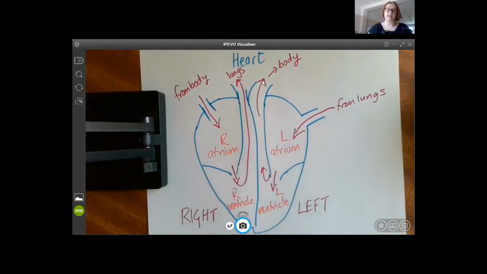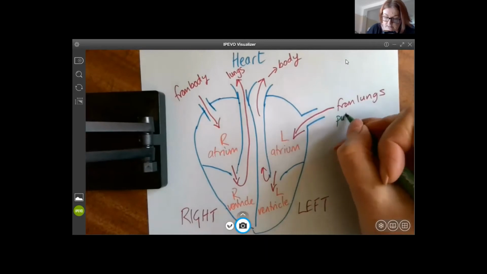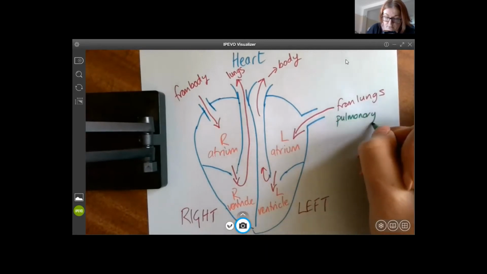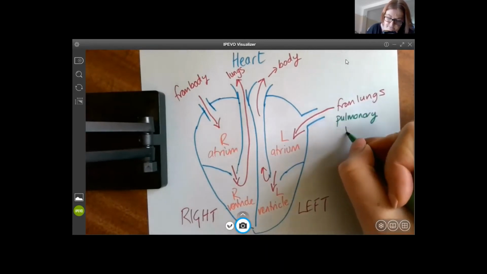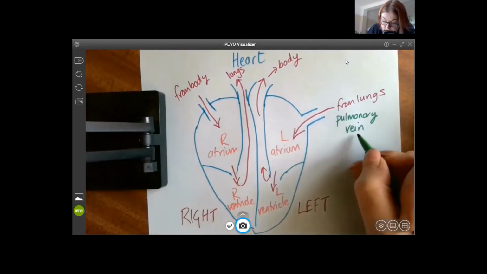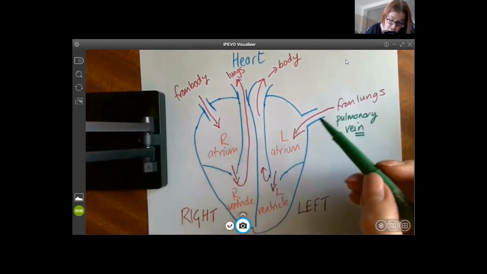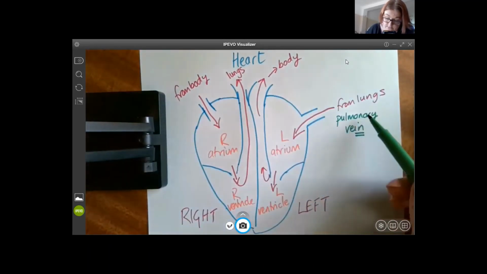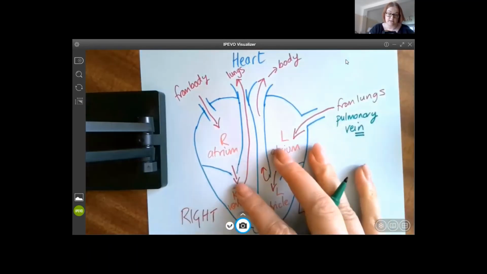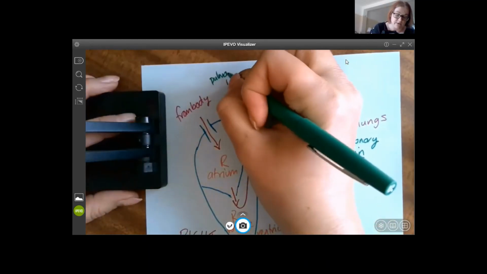So now we need to add on the names of the blood vessels that are going in and out of the heart. Now this one that's come from the lungs is called the pulmonary vein. Veins go into the heart, and this one is coming off to the lungs. So this one is your pulmonary artery.